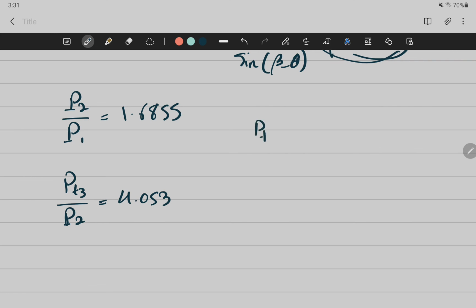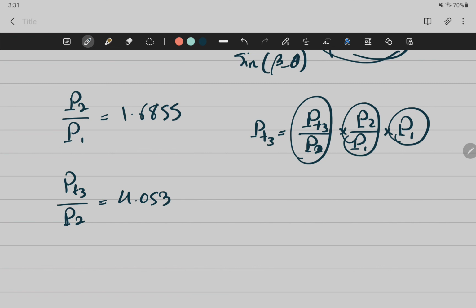And PT3 is going to be equal to PT3 divided by P2 multiplied by P2 divided by P1 multiplied by P1, right? We have this ratio, we are given this number. You can just plug it in here, and you will eventually find 683 kilopascals.